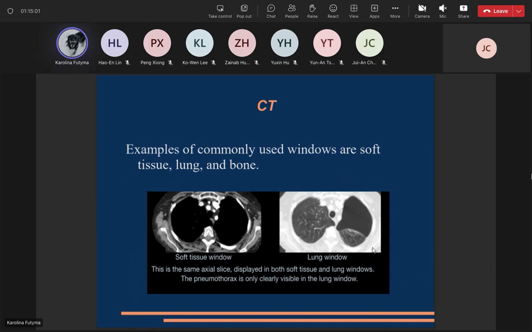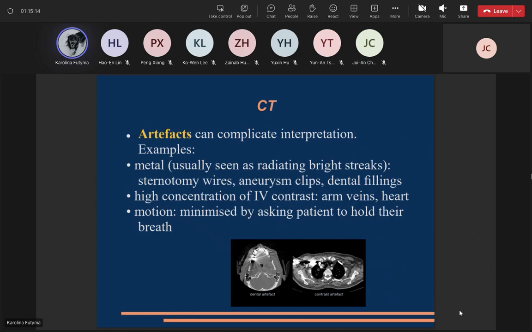Here we have the examples of commonly used windows, and here we have the soft tissue window, lung tissue window, and as you remember, we have also the bone tissue window, bony window. Of course, the artifacts can complicate our interpretation.